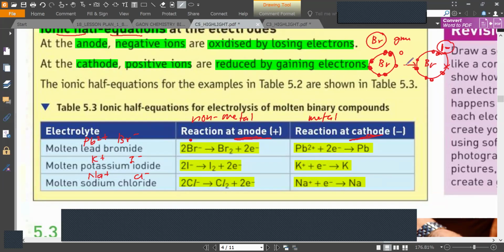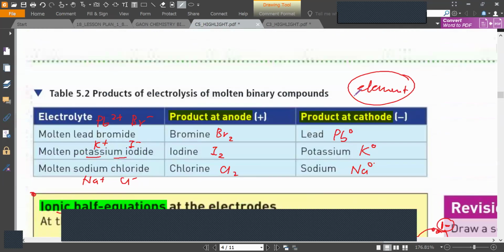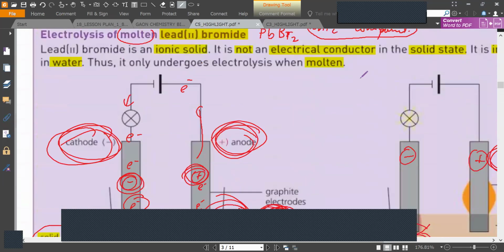So it's quite stable. This Br minus is very stable. It does not like to return back to Br0 because it has an octet. That's why we need to provide energy, and why we always connect electricity.